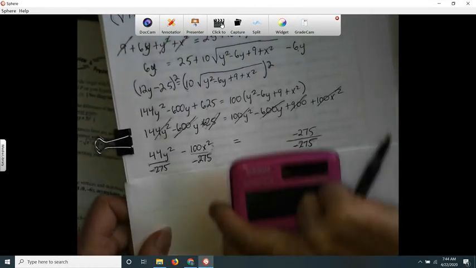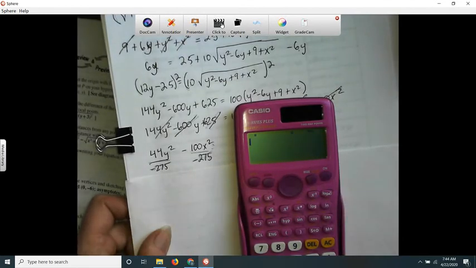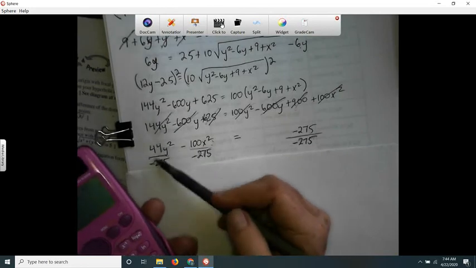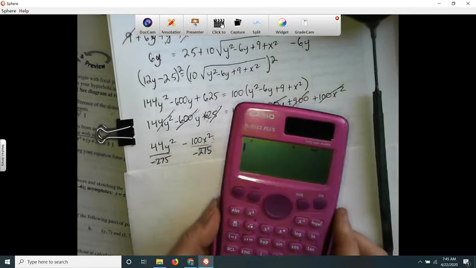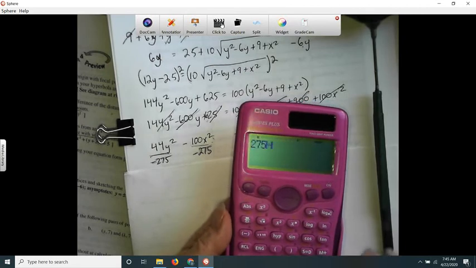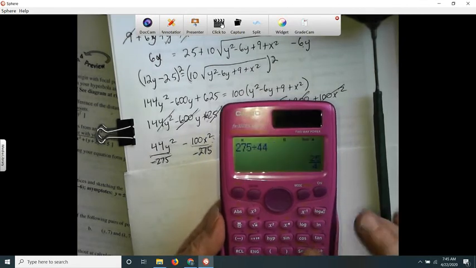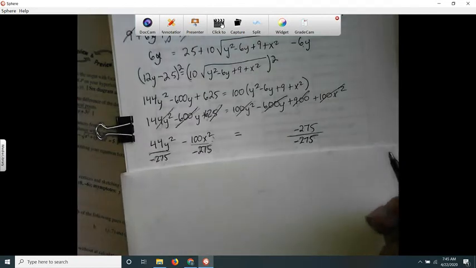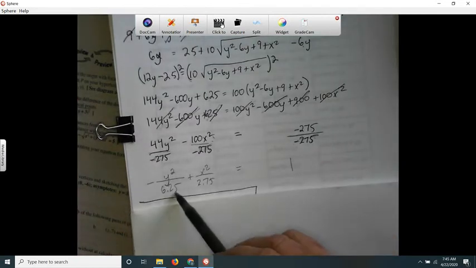Instead of dividing, it's easier to flip and multiply. So the reciprocal of this is 275 divided by 44, right? You just go 275 divided by 44. That gives me 6.25. And it's going to be negative.